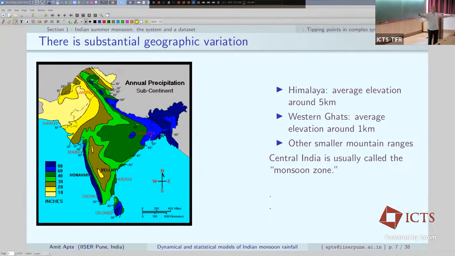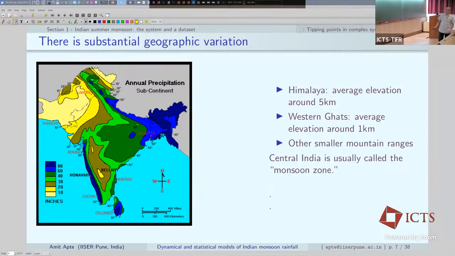So I showed you a very average picture, but there's a huge geographical variation. If you have traveled around India during monsoon season, you will know this. This shows rainfall over the 4 months across this region. The darkest regions are something like 80 inches. Sorry, I got this from, oh, wait, what happened?